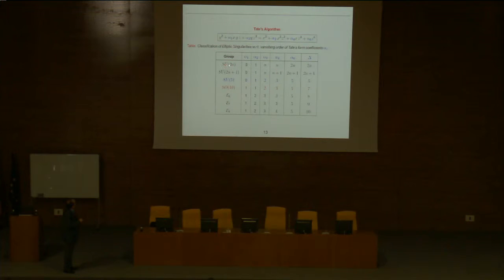So here I just pick up some interesting cases. These are partial results. One can find the results in well-known papers. So for example, if one wants to have the E8 group, then the vanishing order of these coefficients is written here, as we see, and so on.